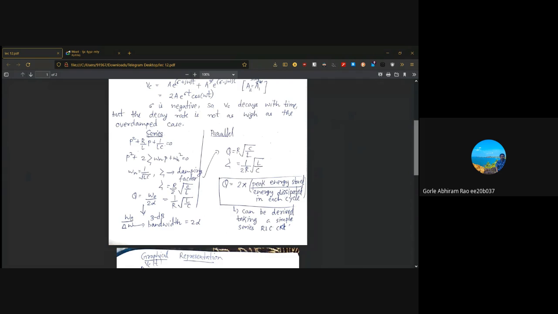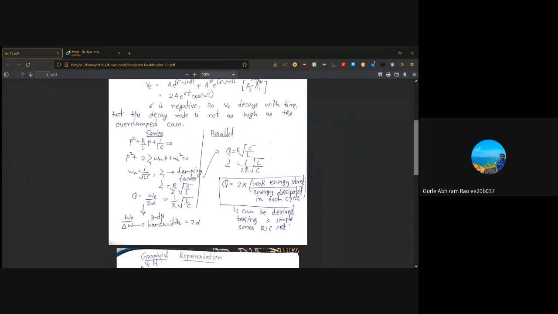So it is defined as f naught by delta f, or omega naught by delta omega, where this delta omega is the 3 dB bandwidth. Since our 3 dB bandwidth is 2 alpha, we can write the quality factor as omega naught by 2 alpha, and it comes out to be 1 by R times root of L by C. You can do the same for the parallel RLC circuit and find out the damping factor and quality factor in that case too.